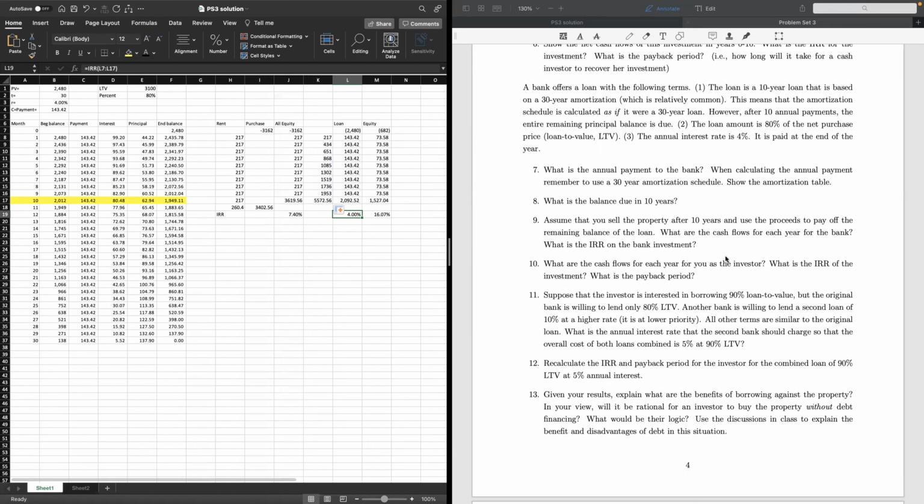What are the cash flows for the investor? As an investor, you don't need to invest this big amount of money. You only need to invest the leftover. So this is just the difference between these two. There is some sign issue that you need to take care of, but this is the investment, which is 682,000 at the beginning.